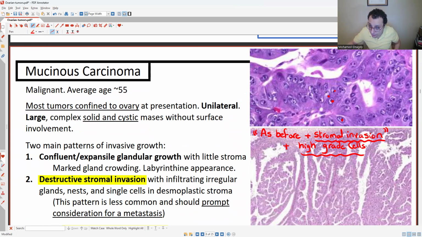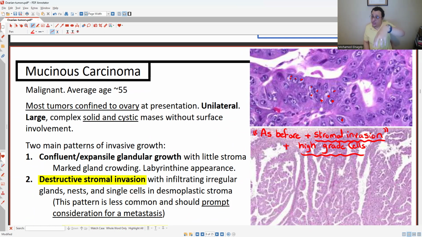That makes it a little bit tough to see mucin as clearly as in the mucinous cystadenoma or the borderline mucinous tumor. However, please look carefully for any signs of mucin, even if it's really depleted.